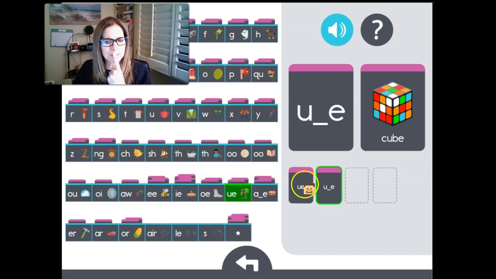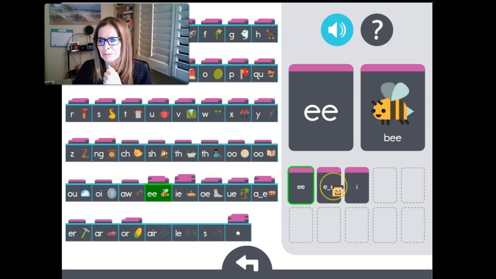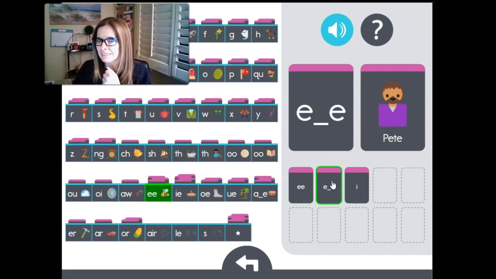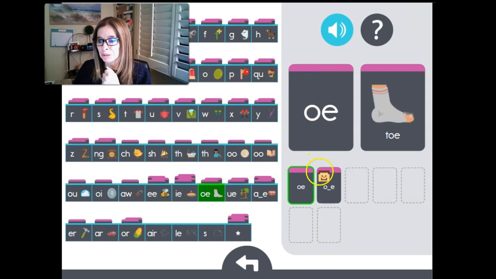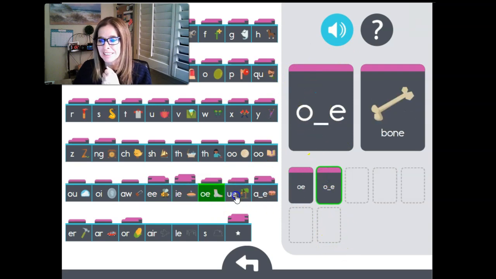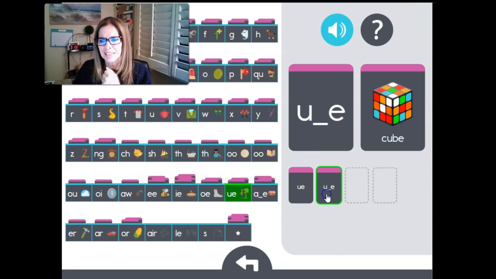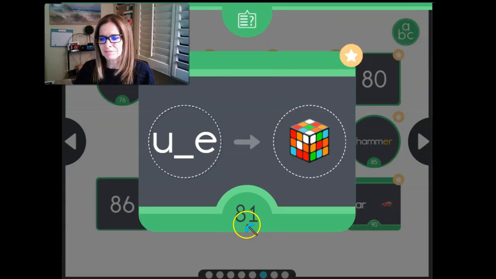What do you notice? What do you wonder? I'm just going to go quickly through these. What do you notice? What do you wonder for the E? And then for the I? And then for the O, we just did these ones, didn't we? And now we're on the U. And we see this one.